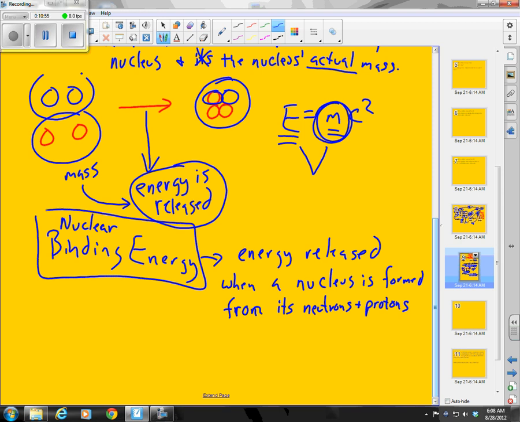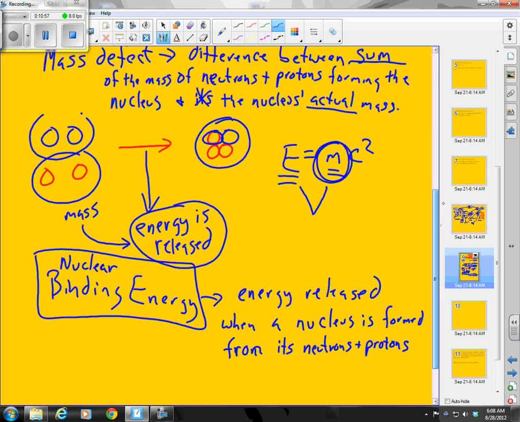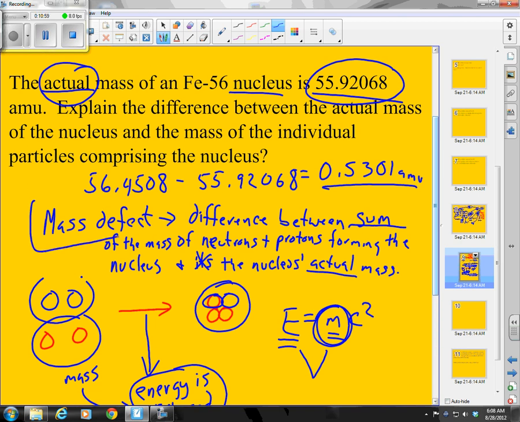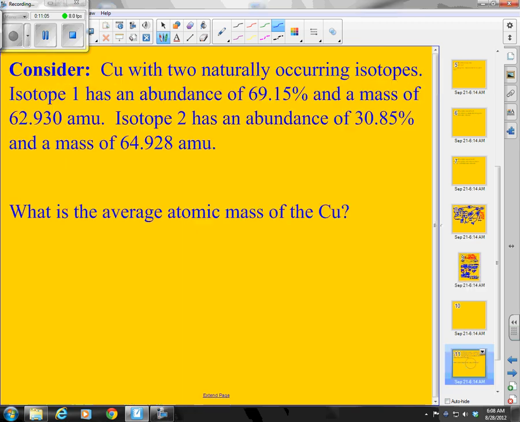We've learned something about nuclear binding energy, and we've learned something about mass defect, right? Okay, good. Moving on. What's the next thing we want to learn? Consider copper with two naturally occurring isotopes. Hey, okay, isotopes, that's a new word. Isotope 1 has an abundance of 69.15% and a mass of 62.930.